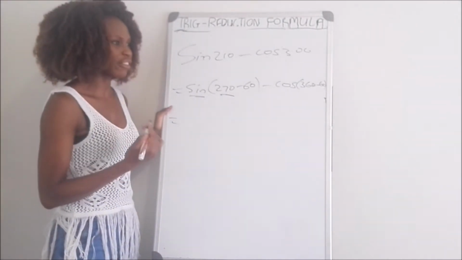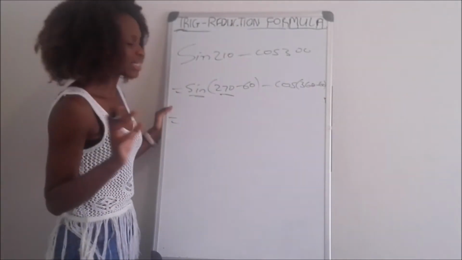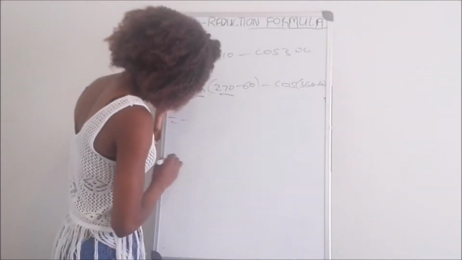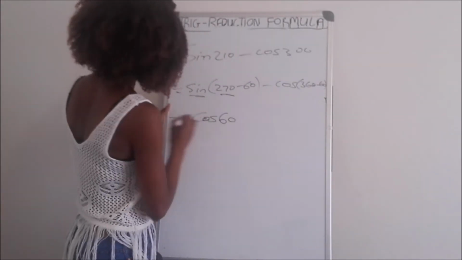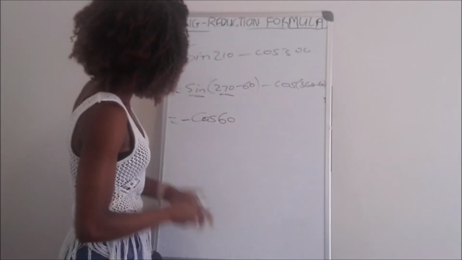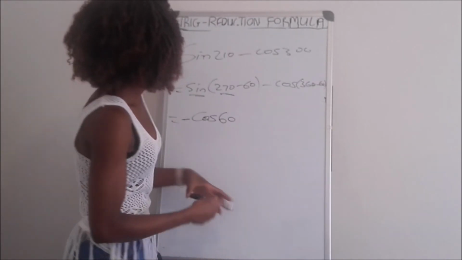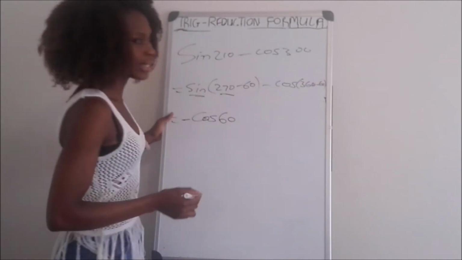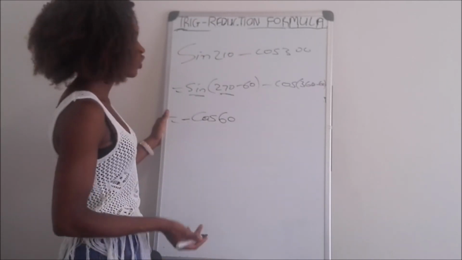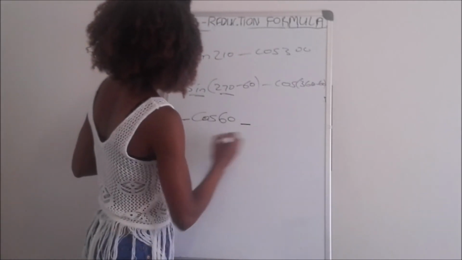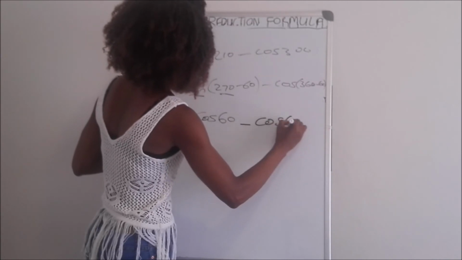That means it will give us cos, I mean to say guys. Then here we're going to have minus cos 60, because it's a special angle. The cos of 360 minus 60 is in the fourth quadrant, and cos in the fourth quadrant is positive. Then here we're going to have minus cos 60.